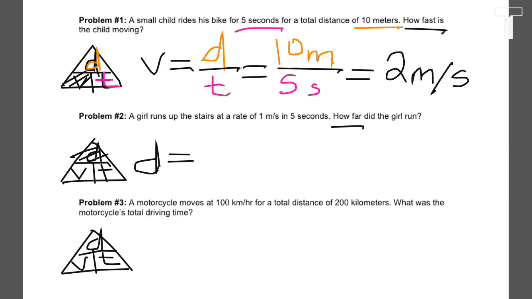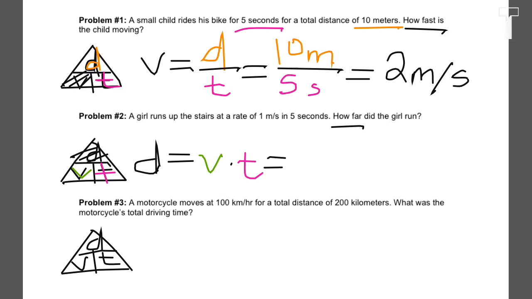Here we have V and T next to each other, which means it's V times T, or speed times time. So we have V times T. Now we're going to plug in the values here.